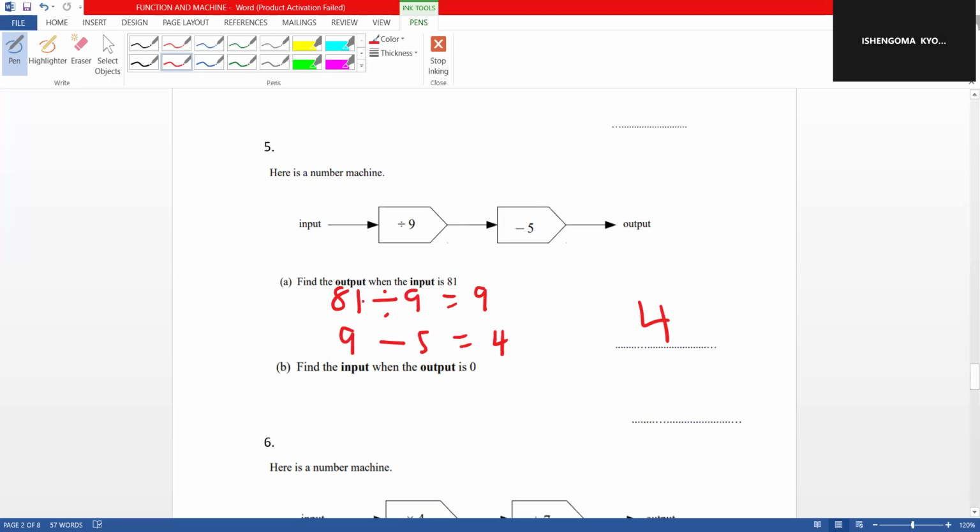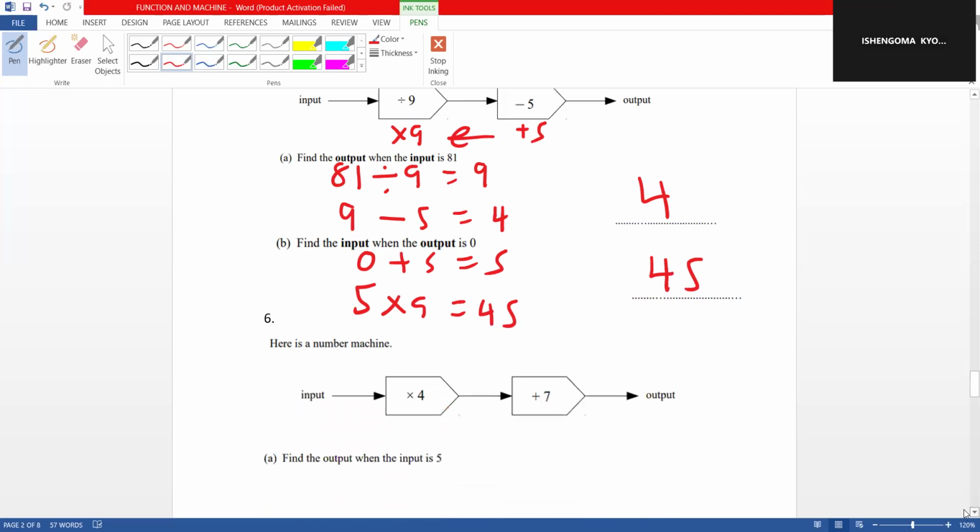B, you are given output as 0. Do the opposite act, which is plus 5. I get 5. After getting 5, then you have to do the opposite of divide by 9, which is multiply by 9. I'll get 45. Hence, my input will be 45.